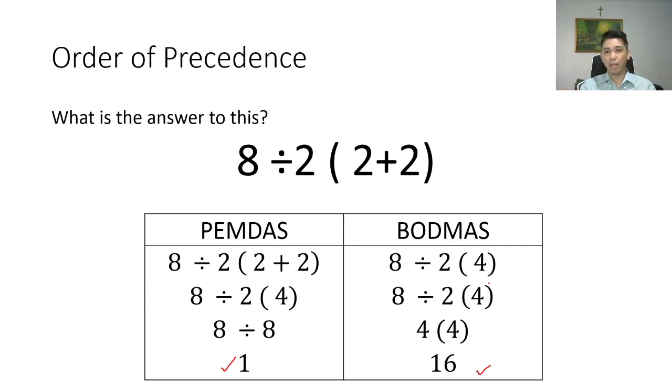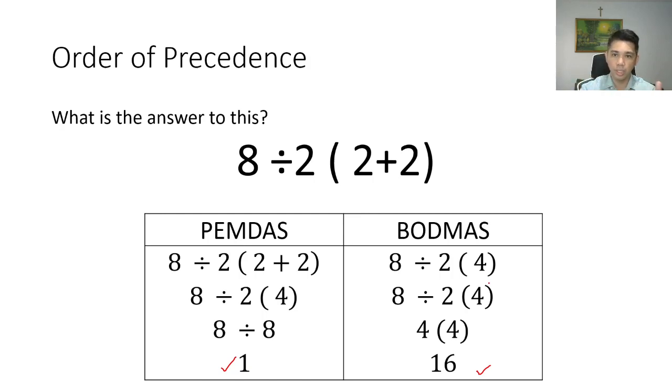And again, going back, I cannot say which is more correct. So in my opinion, both are actually correct. It's just a matter of point of view. If you are going to use PEMDAS, well, 1 is the correct answer. If you are using BODMAS, 16 is the correct answer.